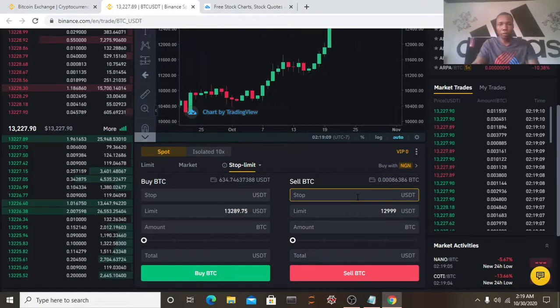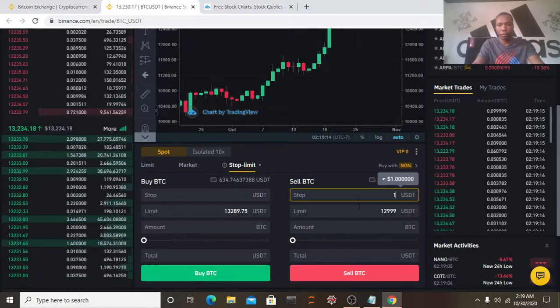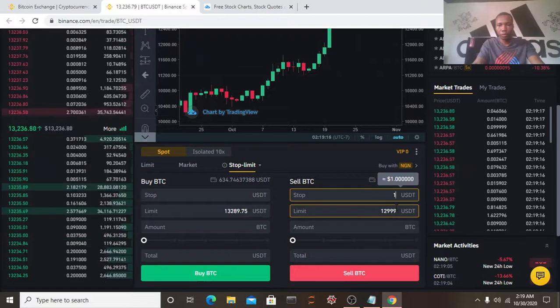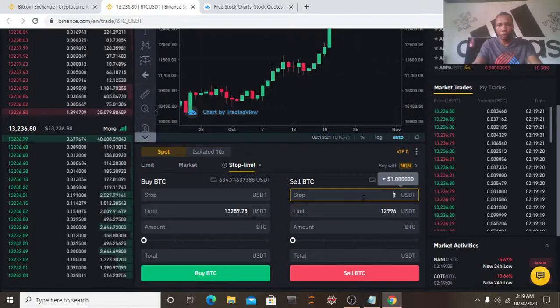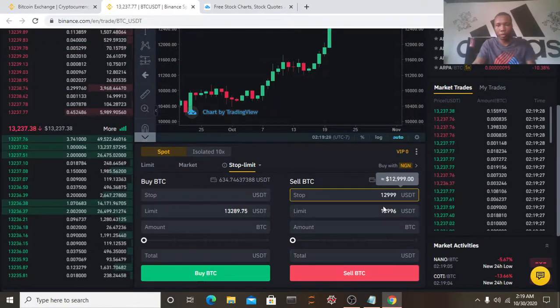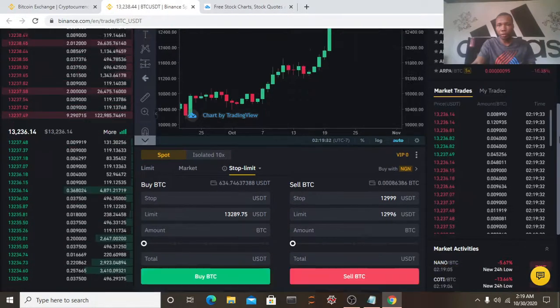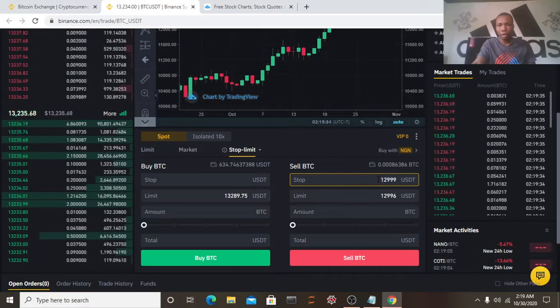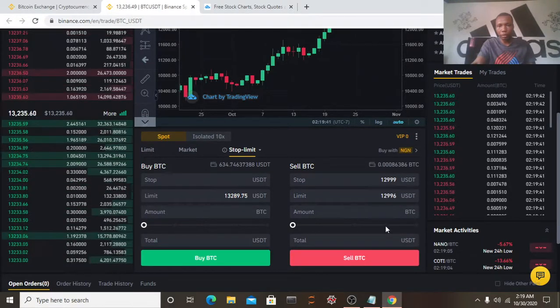And the stop, which will be our stop loss, my stop is at 12,999. So what this means is that if the price starts dropping and touches this 12,999, an order to sell this Bitcoin to USDT will be placed on Binance.